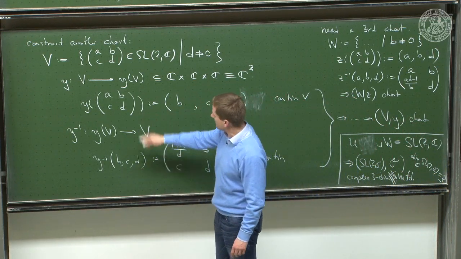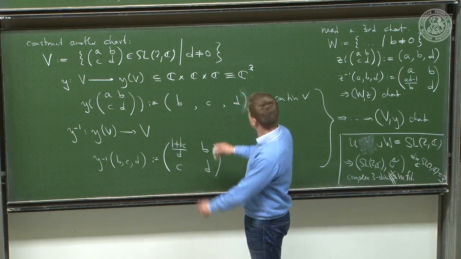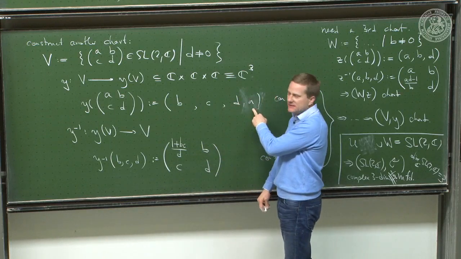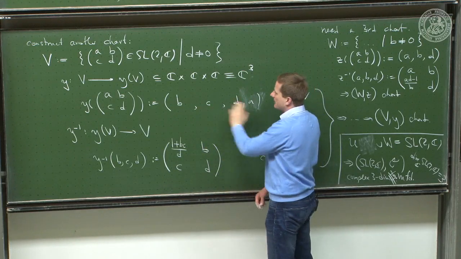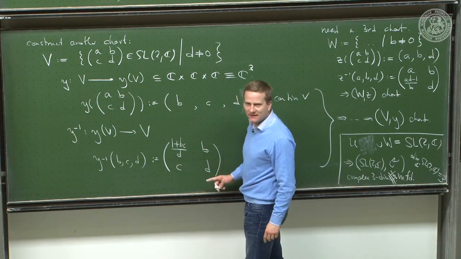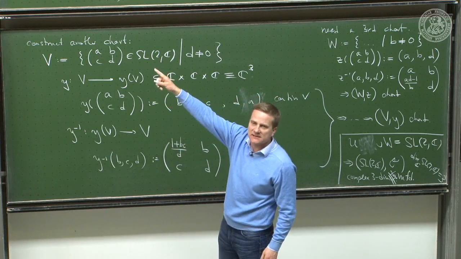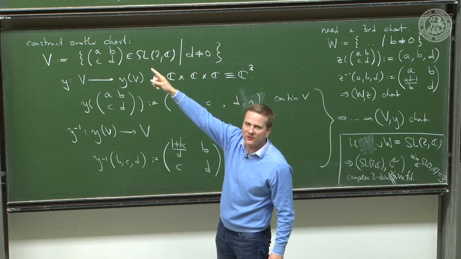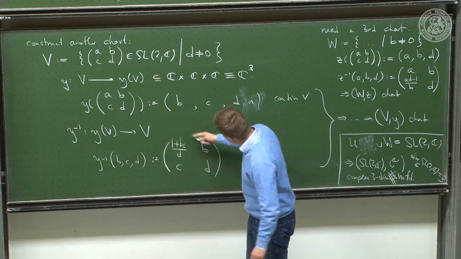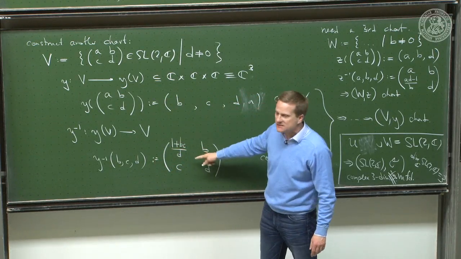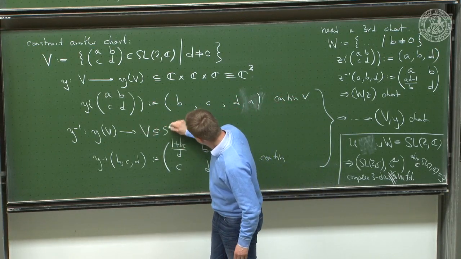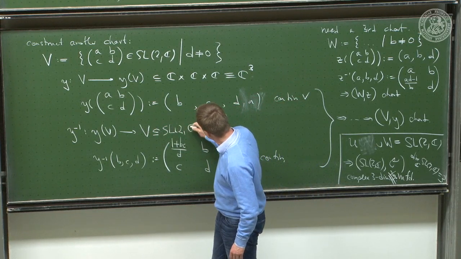But it's not so simple, because if you do this and you go back, you get more than SL2C. If I can choose B, C, D, and A independently, in C4 they're all independent. Then you can go back and construct A, B, C, D, but you do not land in SL2C. You land in C4. So once you did this, you have to check that you go back to V, and V is a subset of SL2C.